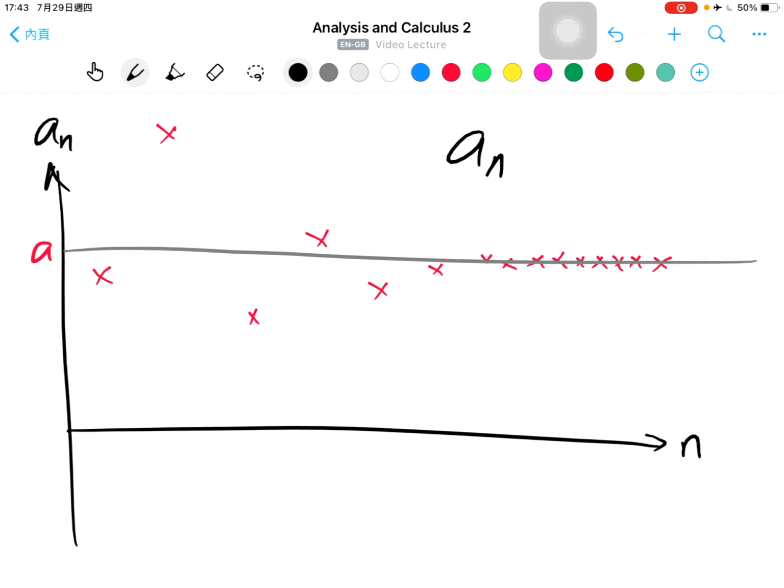As n grows larger and larger, the sequence becomes closer and closer to a. So that's something we call limits, and we write that as lim, the first three characters of the word limit. We're taking the limit as n grows very large. Once we take this limit, we know as n grows very large, a_n is going to be closer and closer to the value a. So we say the limit is a. That's how we write it.